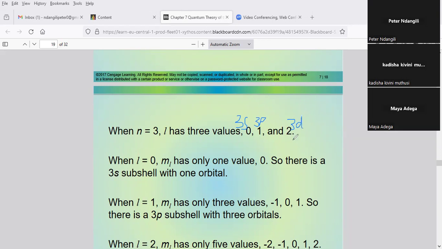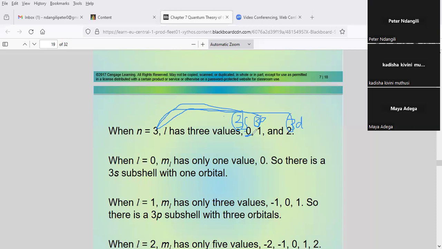Do you understand why I'm writing 3s, 3p, 3d? The 3 is coming from the principal quantum number. The s here is coming from the value of L equal to 0.